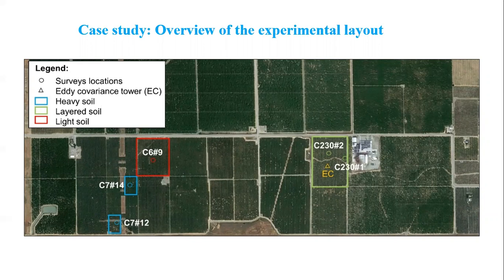I will also focus on only two sites. I'll focus on the heavy soil and the light soil to simply demonstrate how this ERT technique can be used to understand root zone soil water dynamics. The red rectangle here is the light soil, and the two blue sites here are the heavy soil.